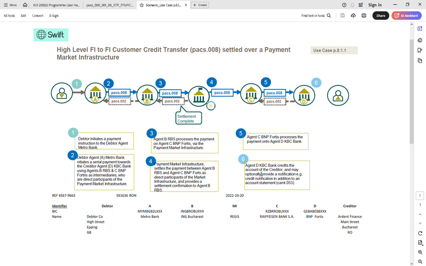Then agent D, KBC Bank, credits the account of the creditor and may optionally provide a notification, depending on that, CAMT 53. It may optionally provide the statement whether the payment is credited or not. That optional statement is generated to the person here, who is the last person in the chain. So this is the flow of your payment settled over the market infrastructure.